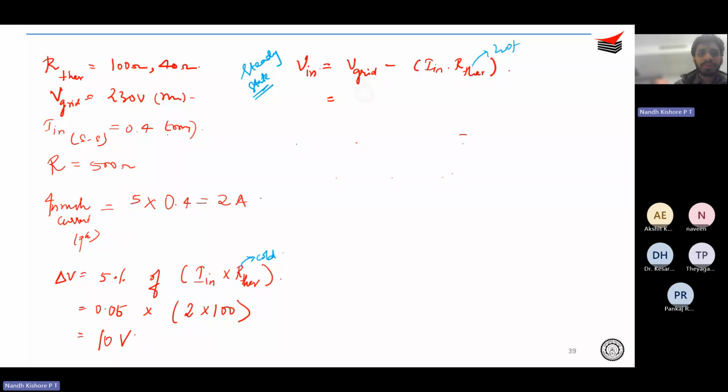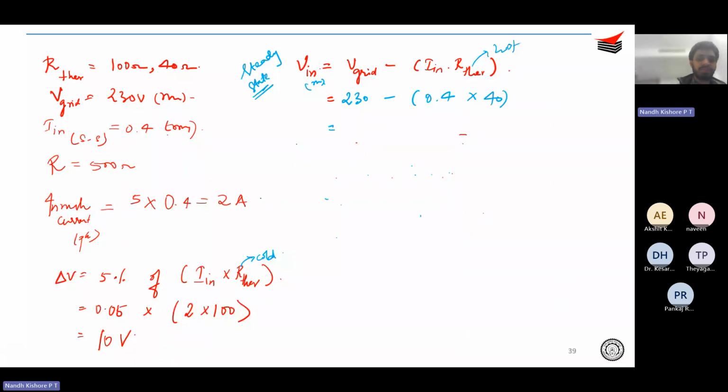So your Vn will be 230 minus In, and we are dealing with RMS right now, so 230 minus In under steady state, 0.4, into the hot resistance of 40 ohms.